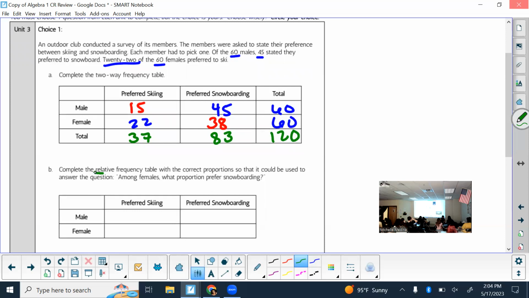So still talking about the data that's from here, but it wants it as a decimal or percent. That way you could see the proportion, so like the ratio of all the people that were surveyed versus how many of them said a certain thing. So what would I have to divide here to get the decimal?